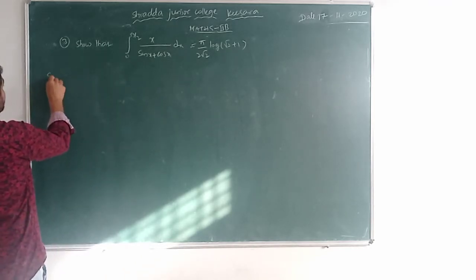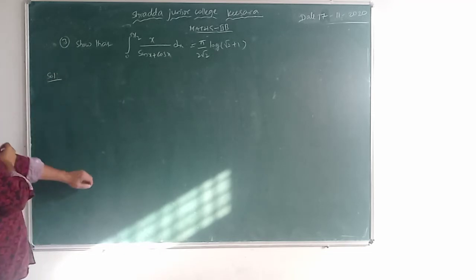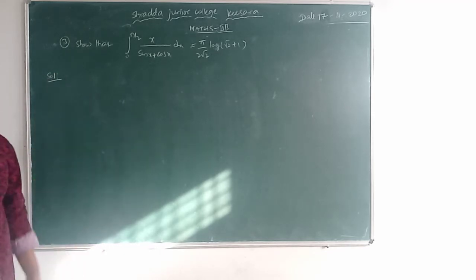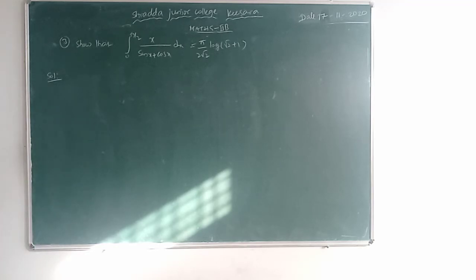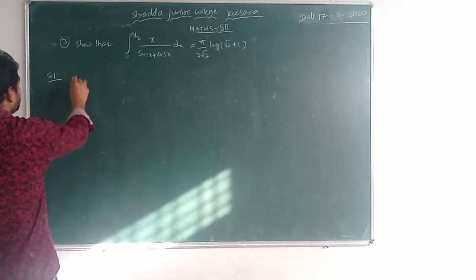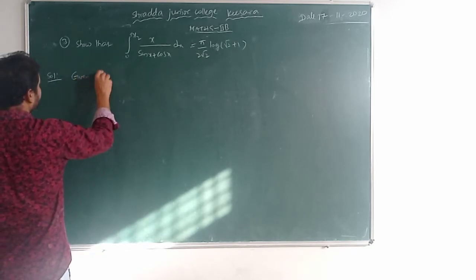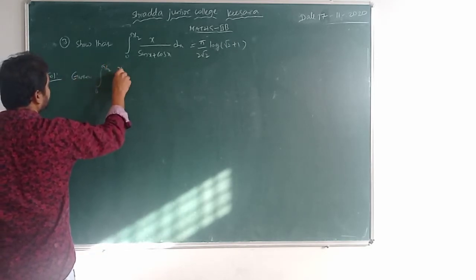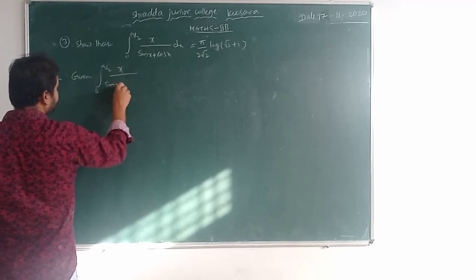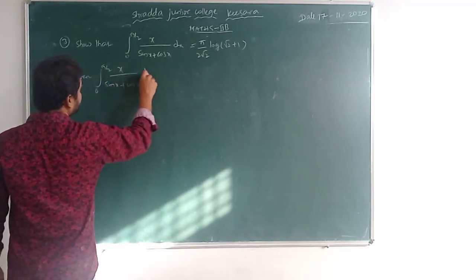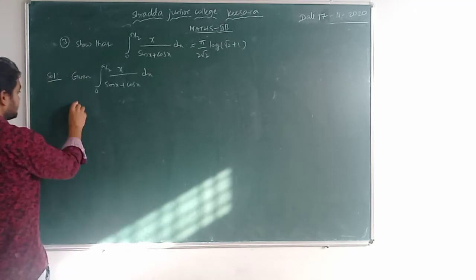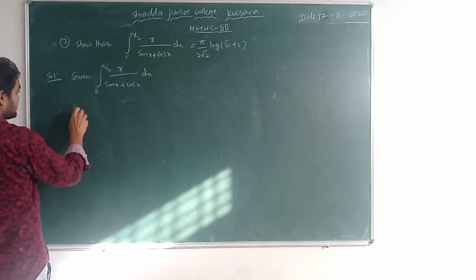See now, this is a very important problem for 7 marks. What is given here? Integration 0 to pi by 2 of x by (sin x plus cos x) dx. See now, in which form is this?